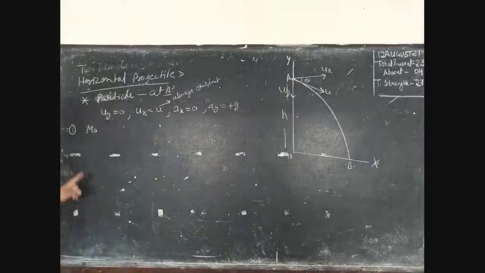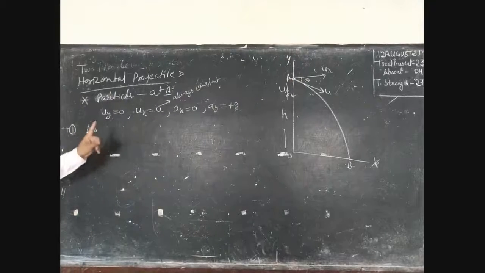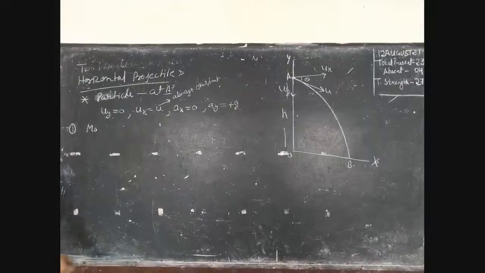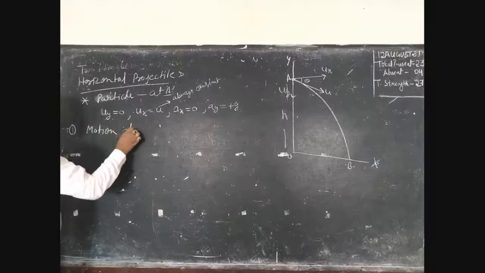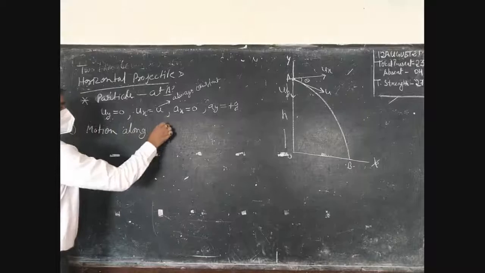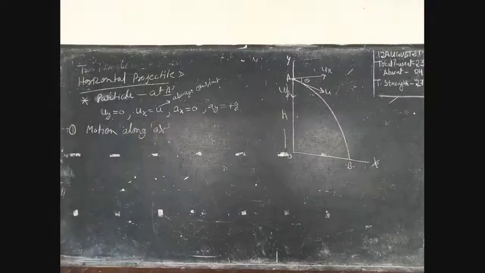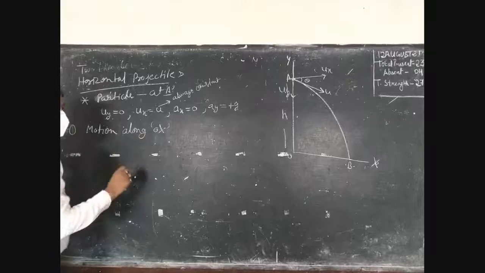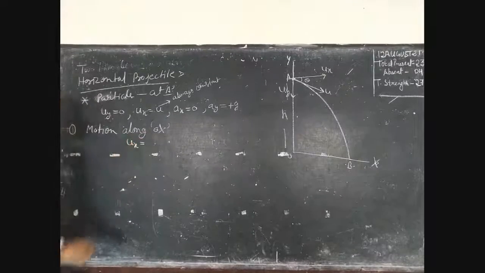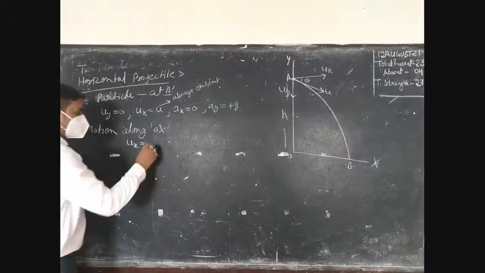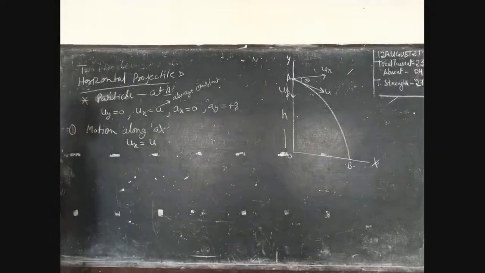We can write the motion along the horizontal line, along OX. Here we have two things. First, what is the velocity of the projectile? This is u.